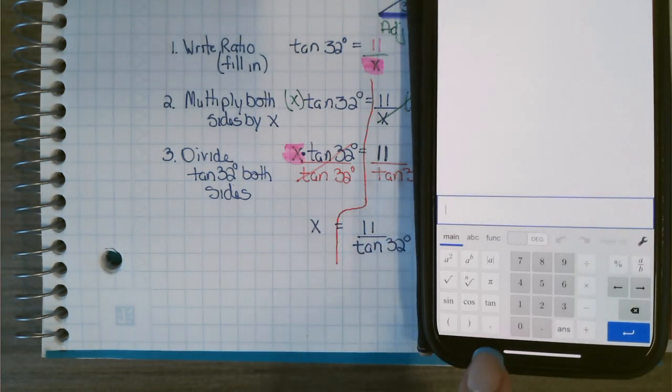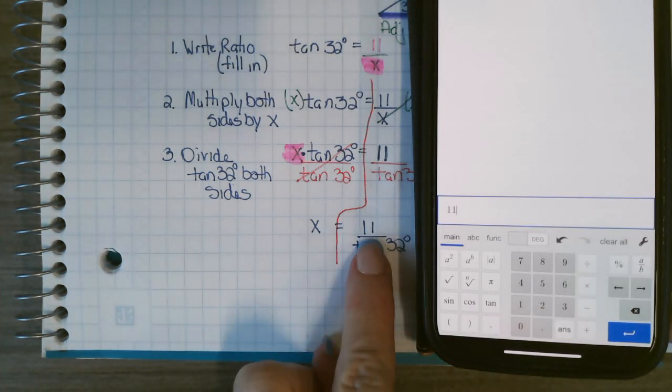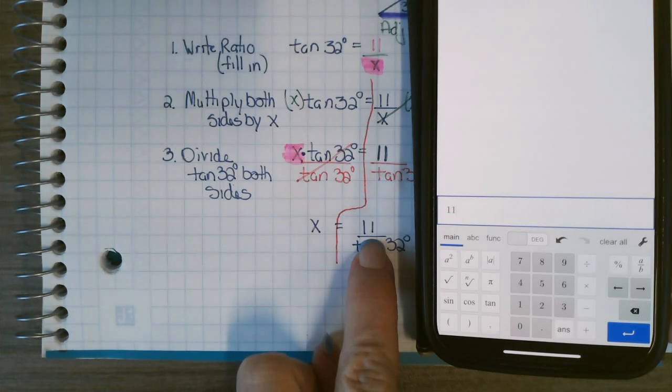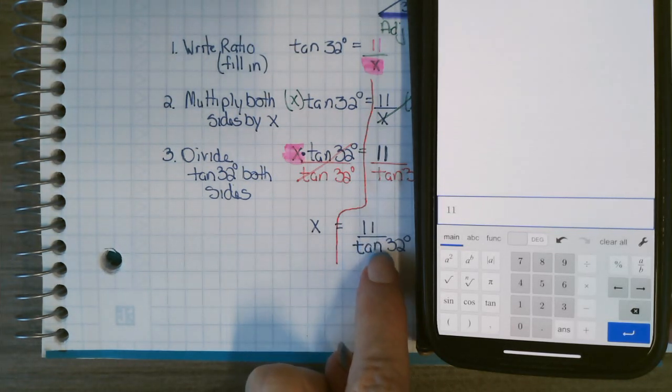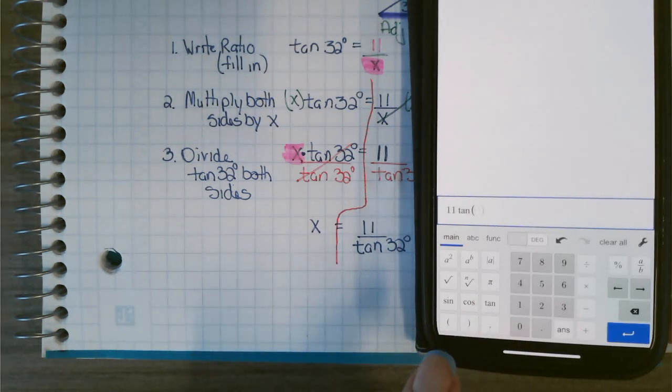I'm going to show you two different ways to do this. So you're going to put in 11, and because there's this line right here, it means divide. So you're going to divide by tan 32. You have to type in the word tan. I'm going to hit tan.